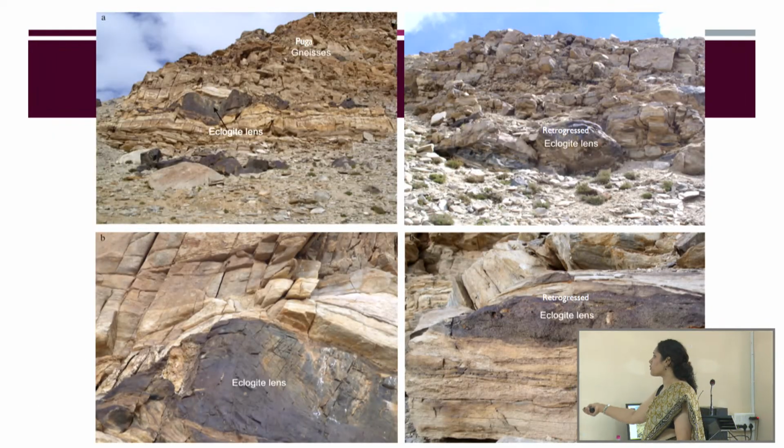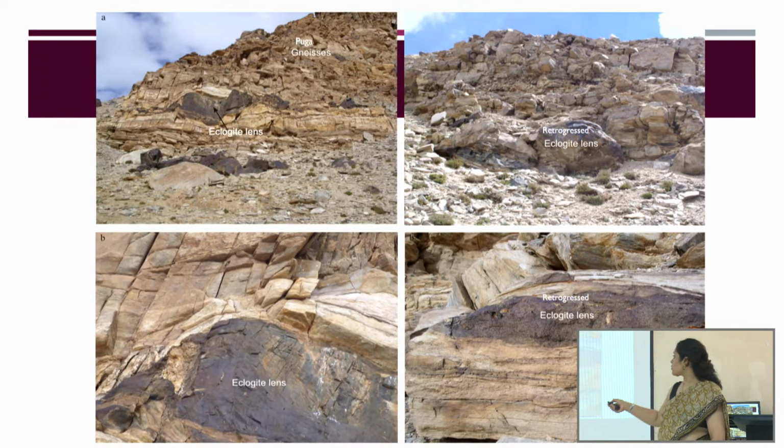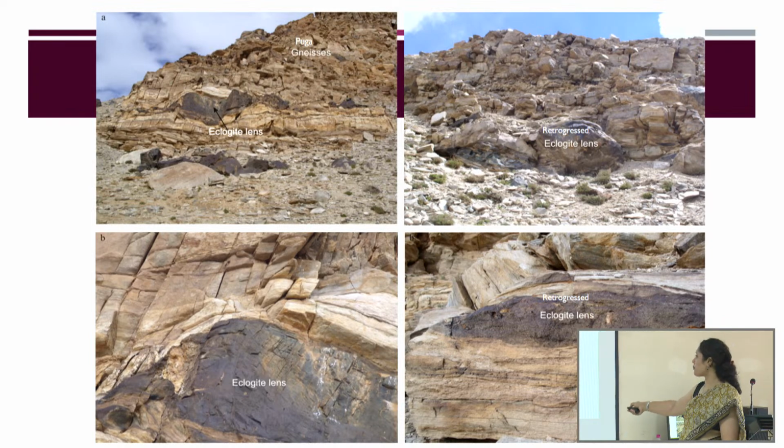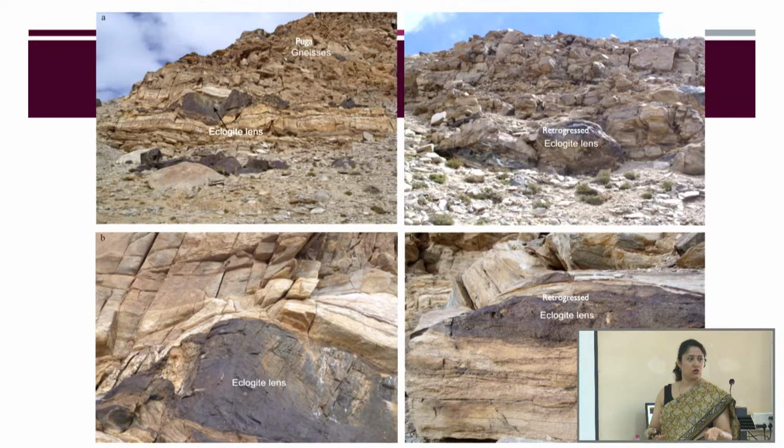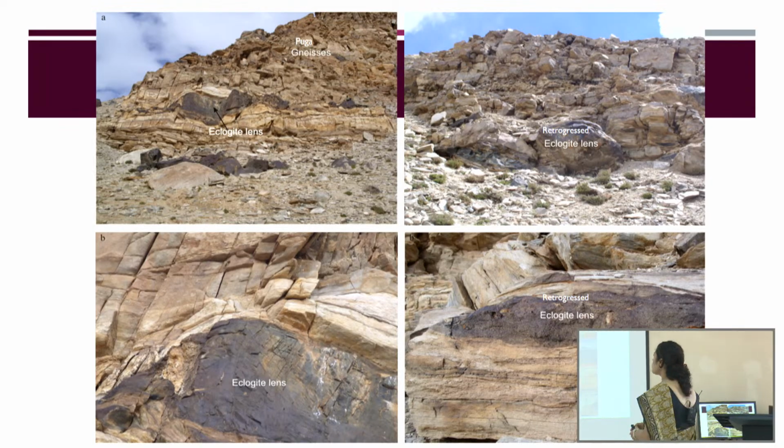They are all retrograded, and they show retrograde features in terms of their minerals, and we'll look at that a little later. They have a very sharp contact with the host rock, and it's not a gradational contact. Even this one here, there are some faults on both sides, but this is how the eclogites look in the gneisses.